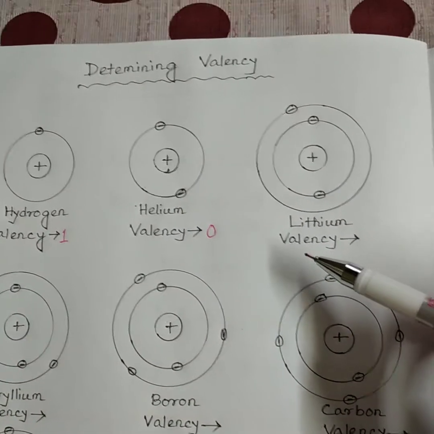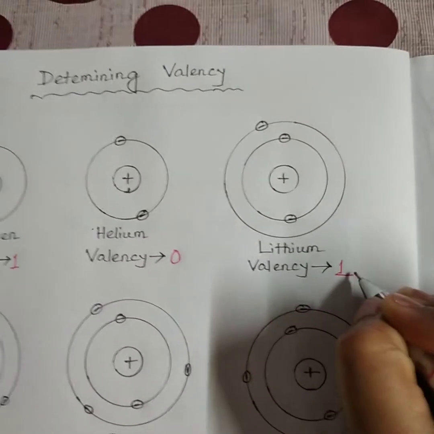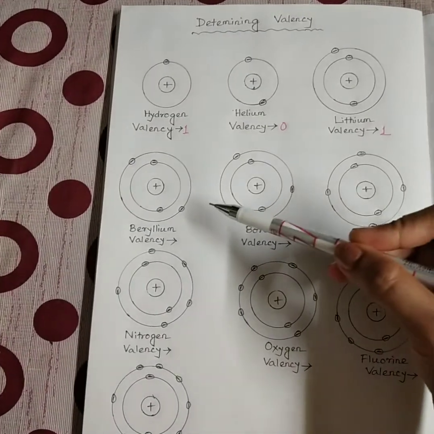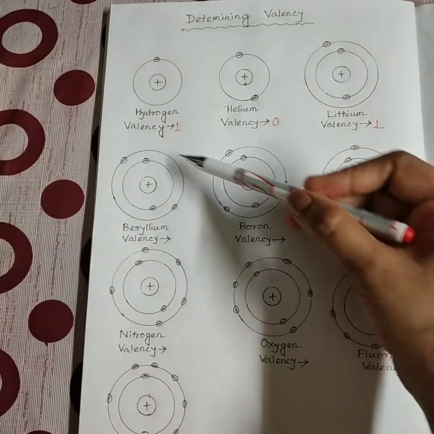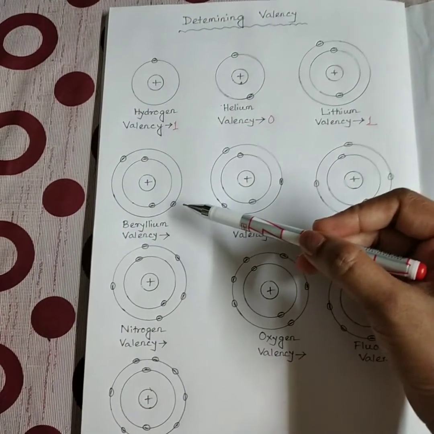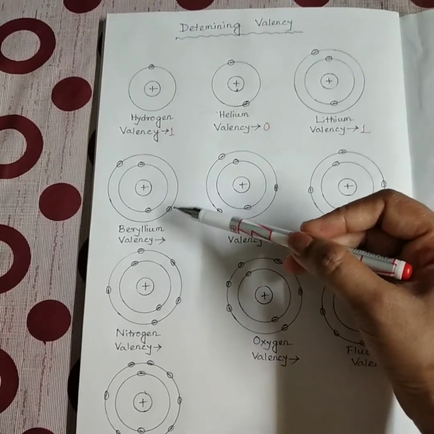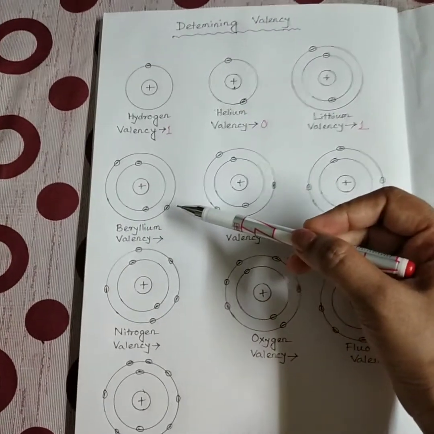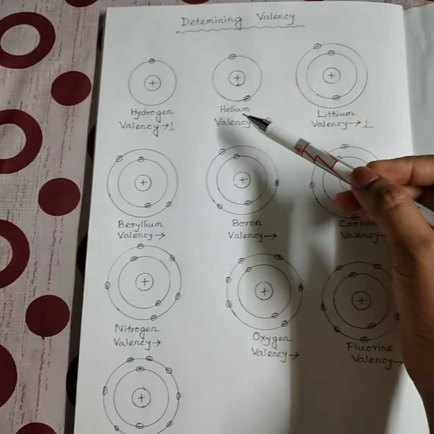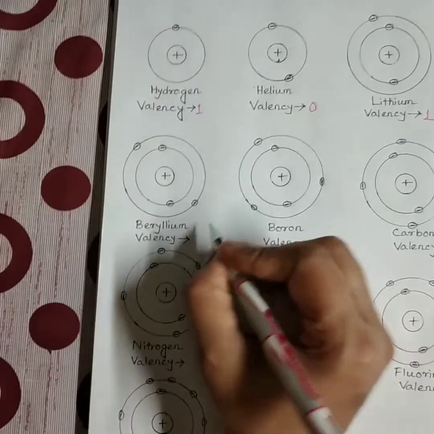So here the valency will be 1. For the beryllium atom, the number of electrons in the outermost shell is 2. So it must lose these 2 electrons to attain the nearest inert gas configuration, that is helium. So here the valency must be 2.